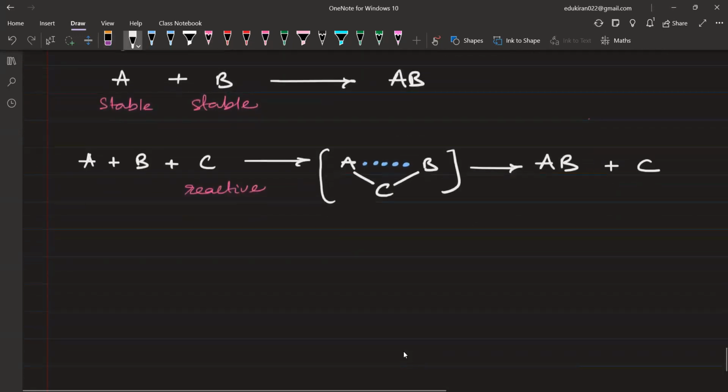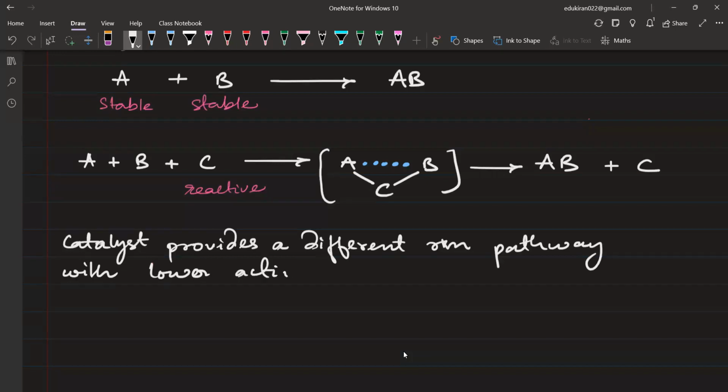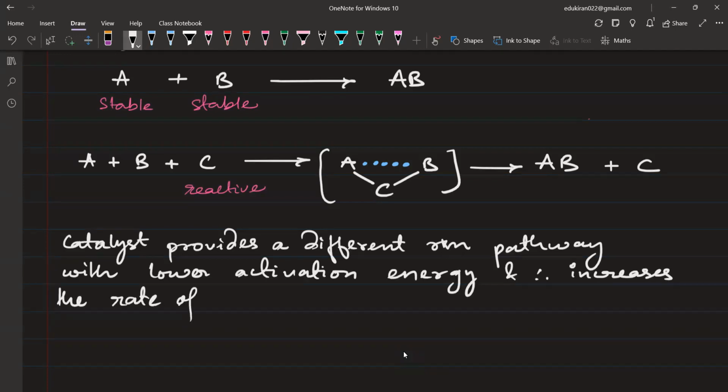if you want to make, you can write these two lines and then you will write: catalyst provides a different reaction pathway with lower activation energy. स्टेबल मॉलिक्यूल को एक्टिवेट करने में बड़ा एनर्जी लगेगा, since we have a reactive C, तो एनर्जी यहाँ पे क्या लगेगी, कम लगेगी, है ना, lower activation energy, and therefore increases the rate of reaction.